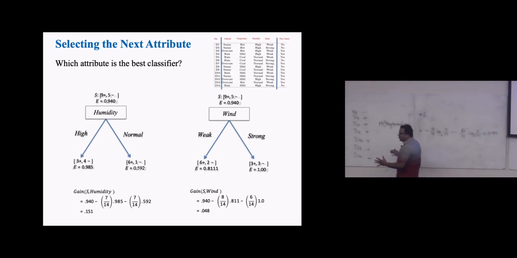Good. So now, because we cannot make a decision just looking at the target variable, there is still uncertainty. We need to do more. What are we going to do? Now we are going to look at additional signals.